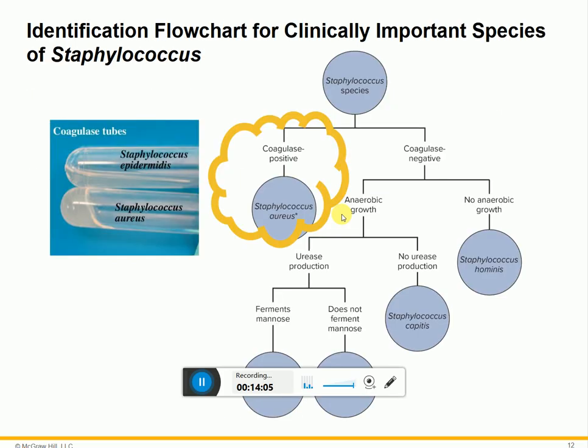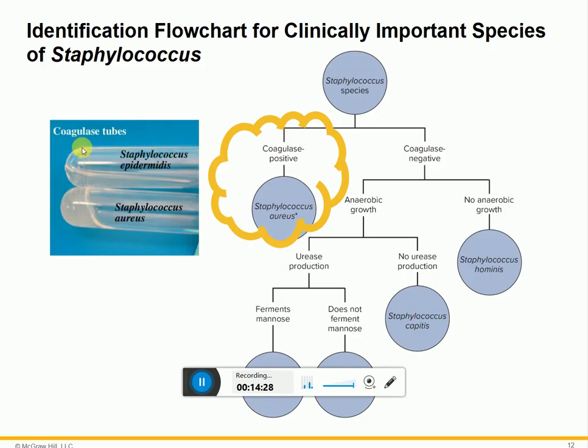So here's just an example of a flow chart of what to look for when you know through a gram stain that now you have a staph infection. The first test would be a coagulase. So if it's coagulase positive, it's a Staph aureus. Coagulase negative, you'd have to go down this list to figure out what kind of staph you're dealing with.